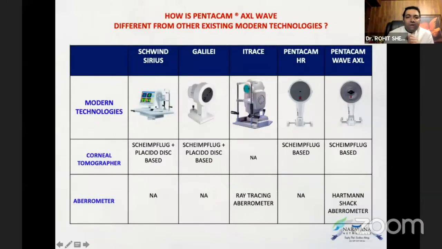So how is it different? I've told you already, it is one machine which is a complete mix of multiple things built into perfection. What happens is it gets you all that you need, whereas if you're using any of the other aberrometers or topographers, it's only part here and part there.